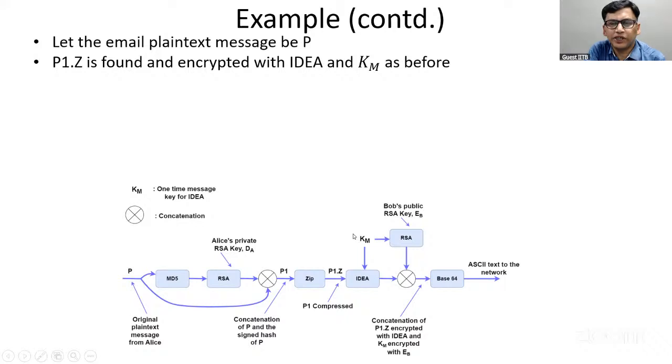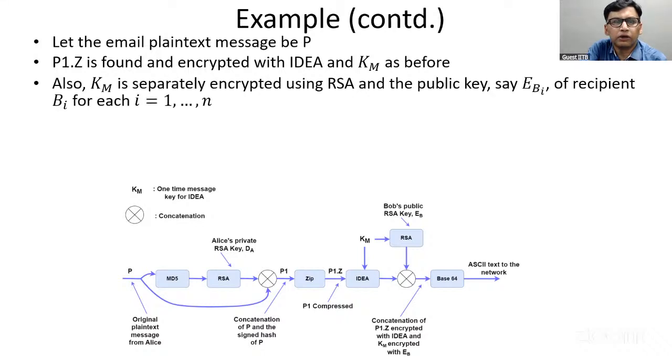This KM needs to be shared with the receivers B1 to Bn. Earlier, we were just encrypting KM with Bob's public key, but now instead of Bob, there are n receivers. So we separately encrypt KM with each of the public keys of B1 to Bn. KM is separately encrypted using RSA and the public key, let's call it EBi, of Bi for each i equals 1 to n.